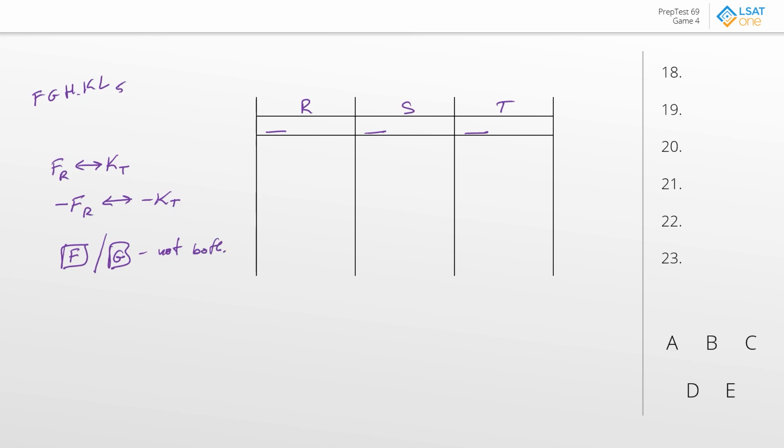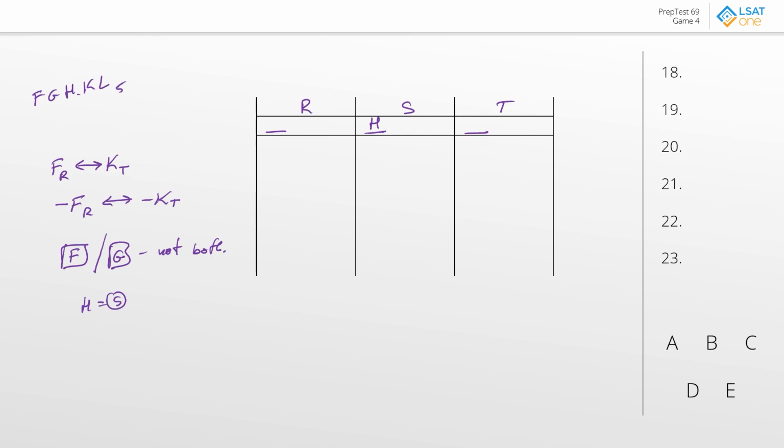Lastly, H has to go to S, so that's kind of nice to know. H just goes straight there, and we can lock that in place, which actually means that, wait a minute, F and G are not going to go into S, so one of R or T is going to be alone. And if this is F who goes into R alone, then I guess K would have to go here.